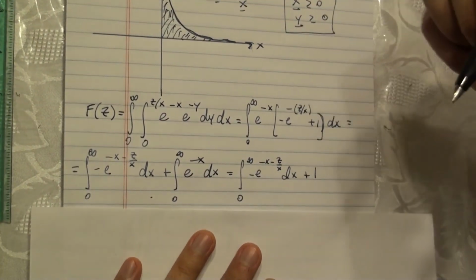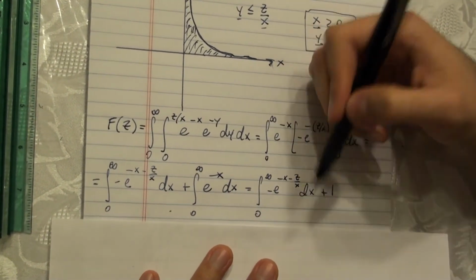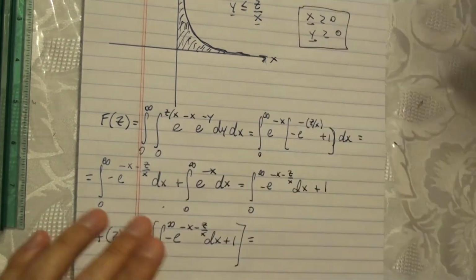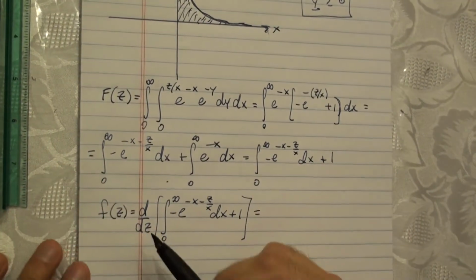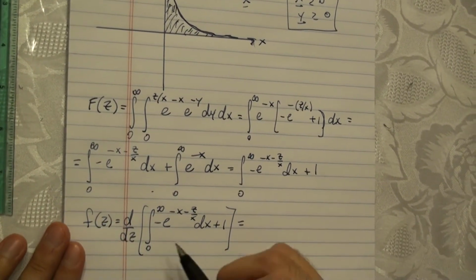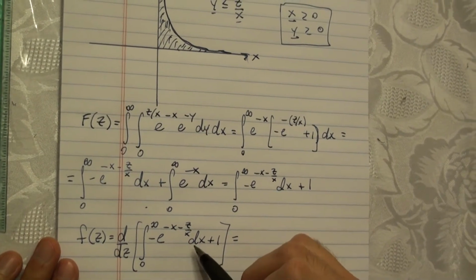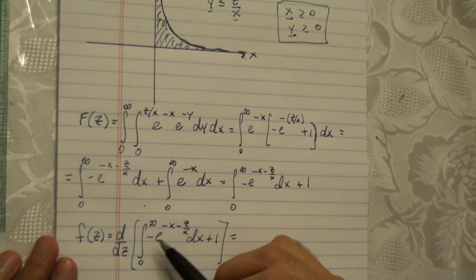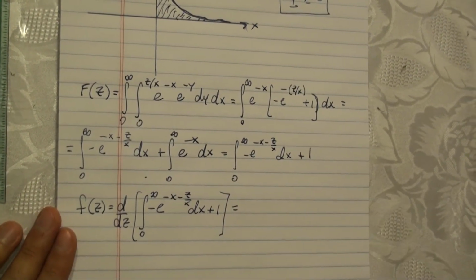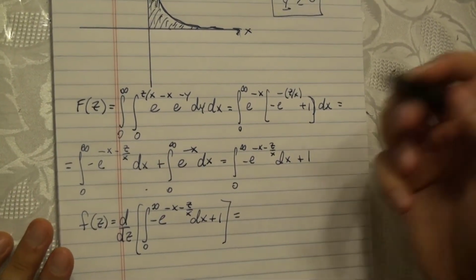Now to find little f of z, we need to take the derivative of this thing with respect to z. So we want to take the derivative of big F of z with respect to z. Now, because the derivative with respect to z has nothing to do with the variable that's being integrated here, we can interchange the order of the integral and the derivative. The derivative of 1 with respect to z is 0.